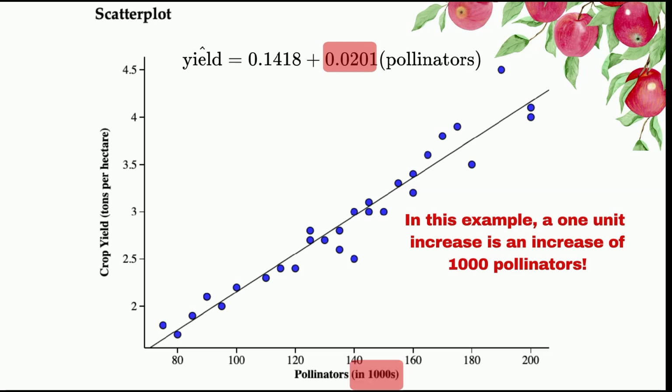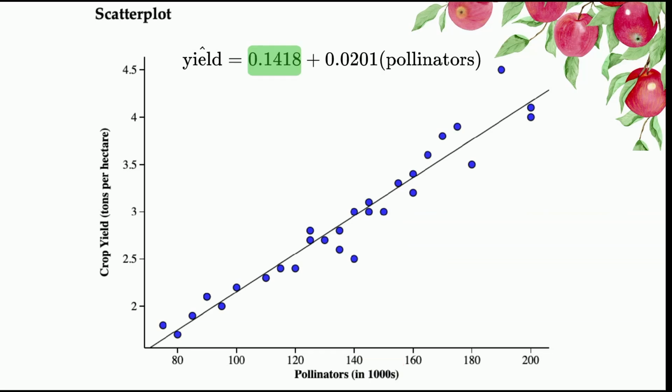This means for every additional 1,000 pollinators, the predicted crop yield increases by 0.0201 tons per hectare.